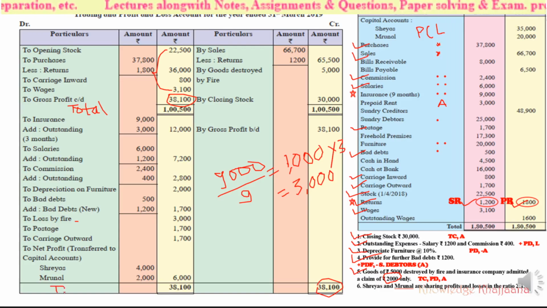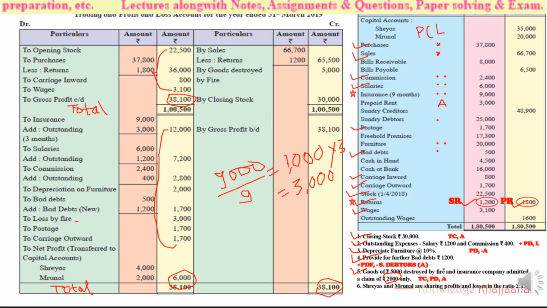So what we have to do to arrive at the net profit, we have to calculate the total of these items. First of all, verify whether all the items have been taken outside. Okay, so then do the total of these items, and deduct this total from rupees 38,100. Okay, so then we will arrive at the net profit of rupees 6,000.